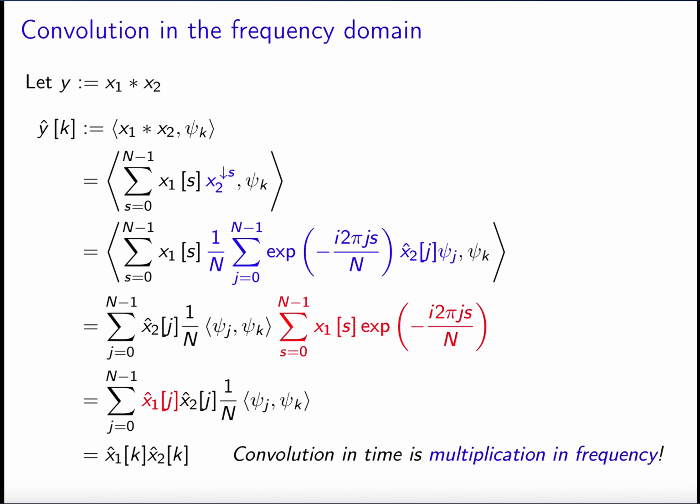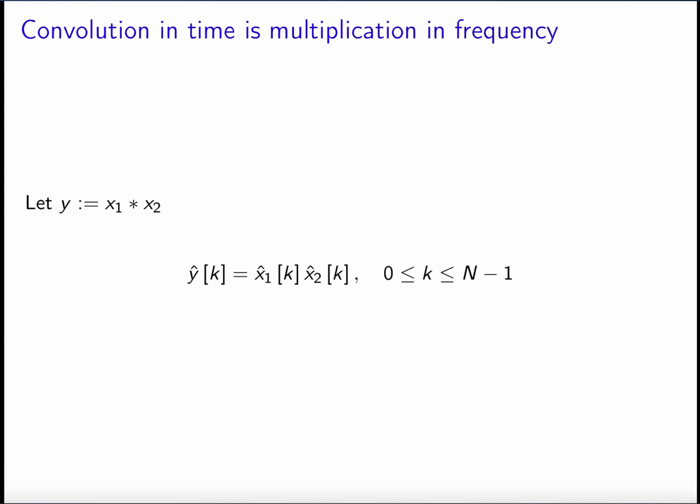It's not completely obvious, but because of that, we have this term that appears here, and because of that, this just becomes the DFT coefficient of x1. So it's worth saying again: if y is equal to x1 convolved with x2, then the DFT coefficient of y is equal to the product of the DFT coefficients of x1 and x2.